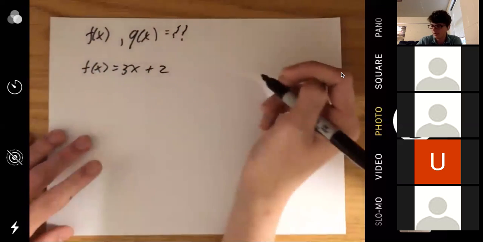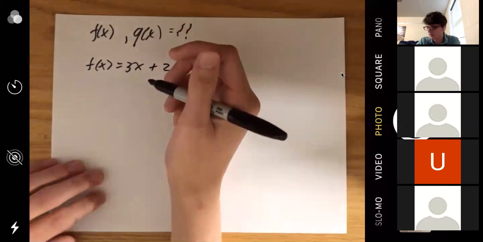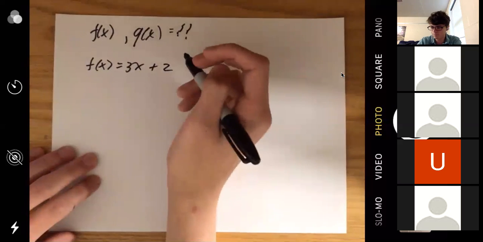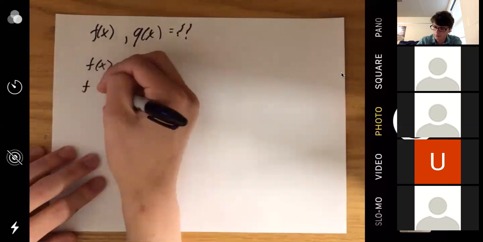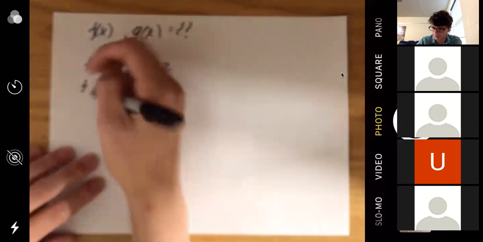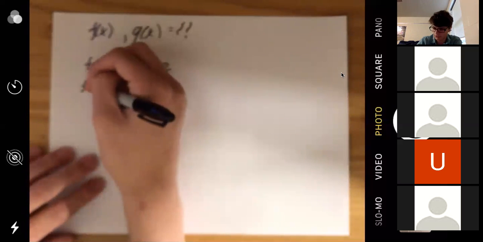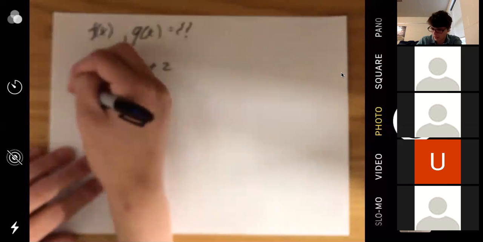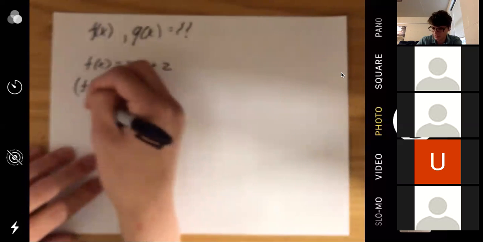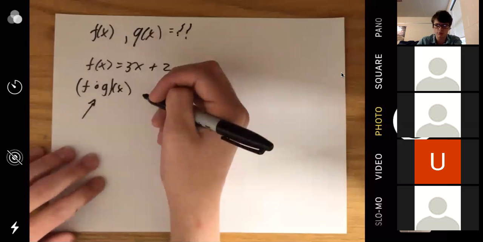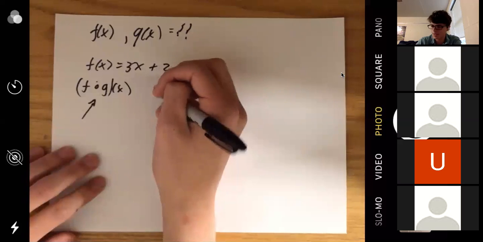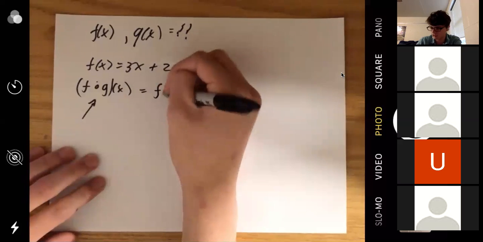I know right off the bat, before I even know what g of x is, what the composite function f of g of x is. Sometimes they use this notation, which I think is kind of stupid, but you should be familiar with it, which is equivalent to f of g of x.